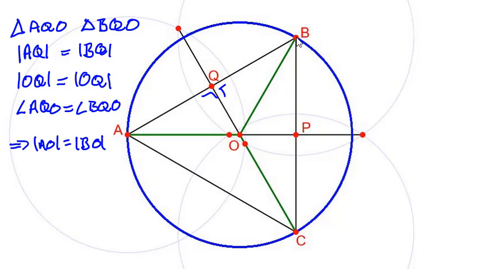Now, if we take the triangle BPO and the triangle CPO, very much the same argument. We have BP and CP are equal in length. And this is because P is the bisection point of BC. We have that PO is common to both our triangles.